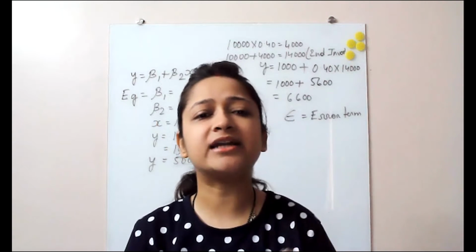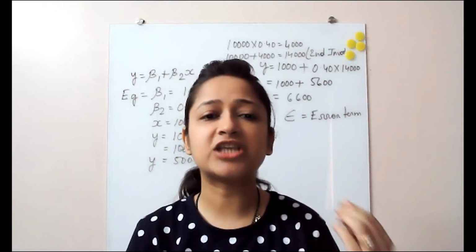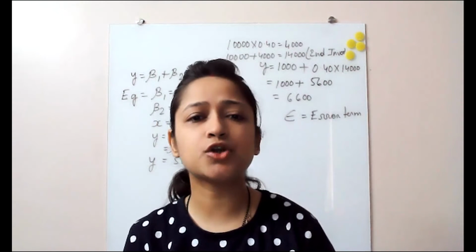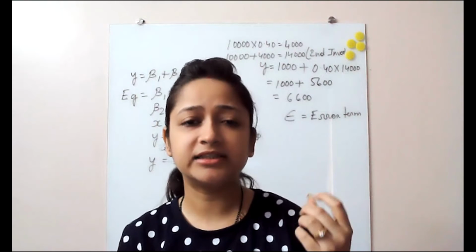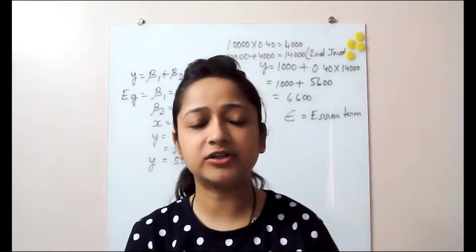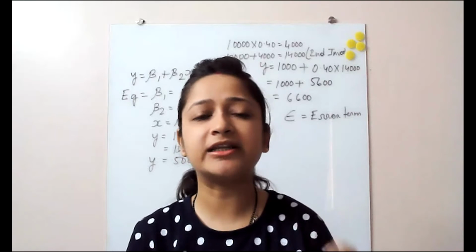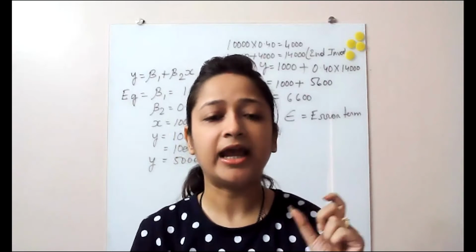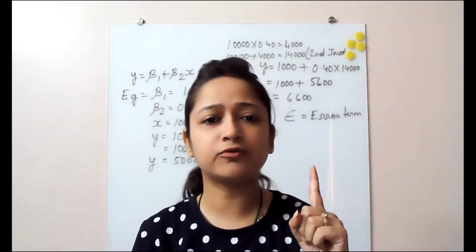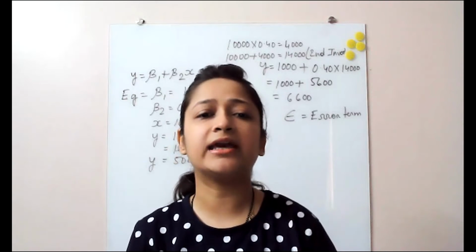It may happen that we get 80, but its chance is very low. So this chance is called the error. If we predicted 80 out of 100 and we got 79 out of 100, there is an error of 1. So this is the error term.